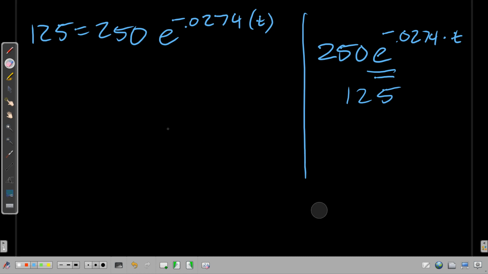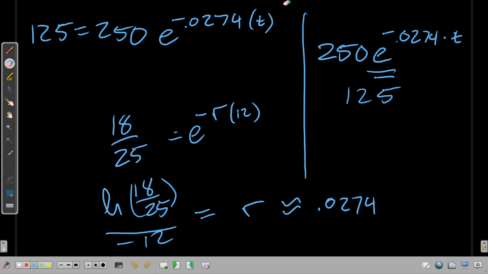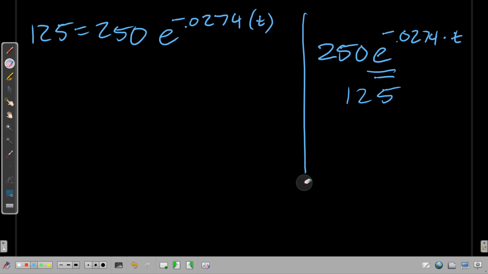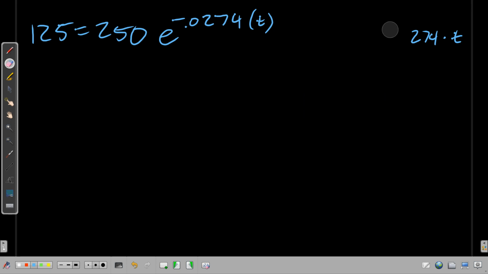And if I can solve for t, then I would have the time t that resulted in only half of the original element remaining. If I divide both sides by 250, you get 1/2 on the left.